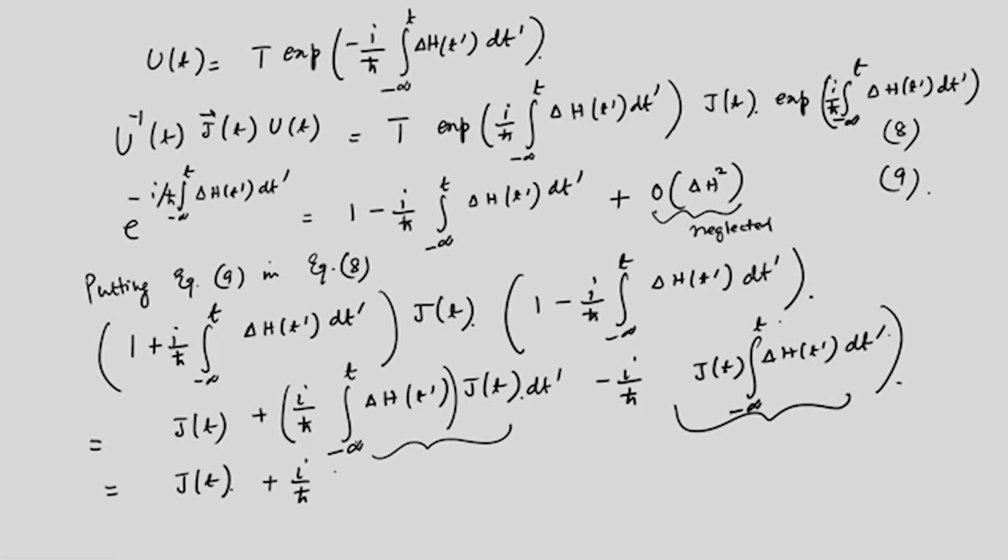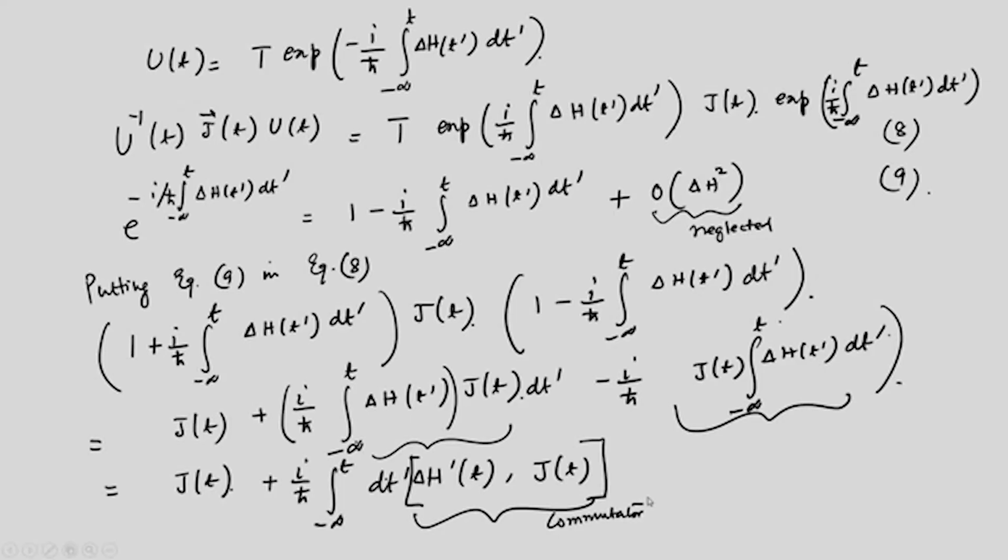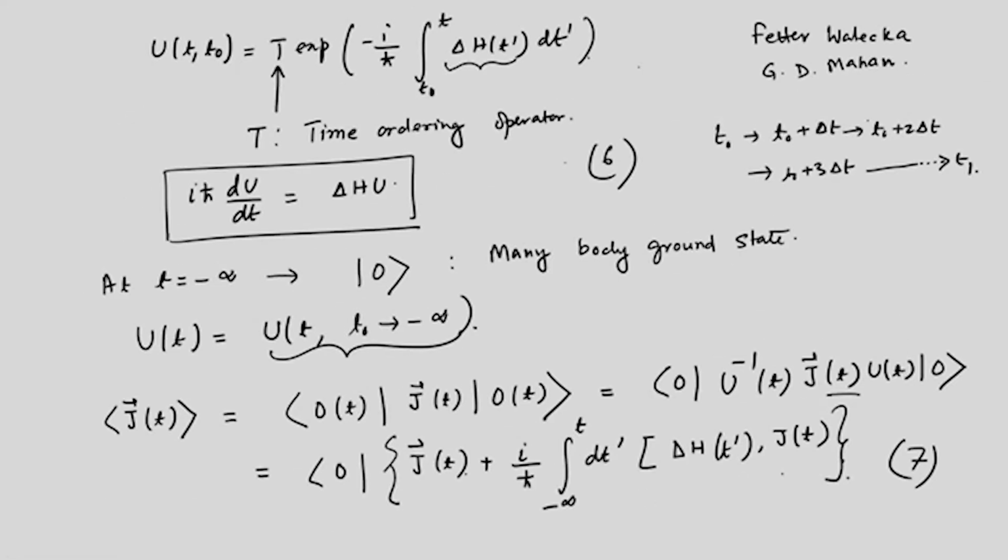So this is written as integral from minus infinity to t dt' of the commutator of delta H(t') and J(t). It really does not matter because the integral is over dt', so it is not touching the t dependence of J. So, this is the commutator that I talked about at the end of the last slide.